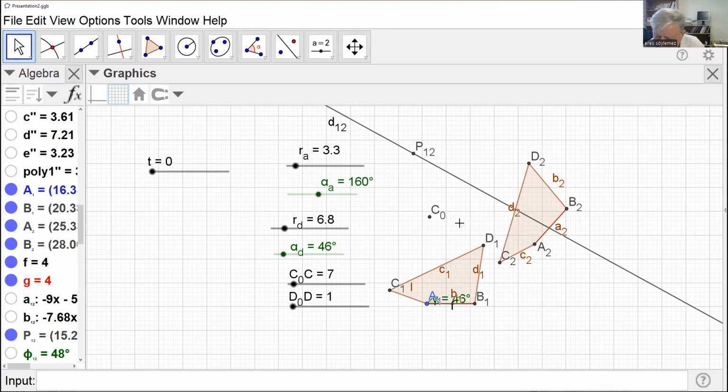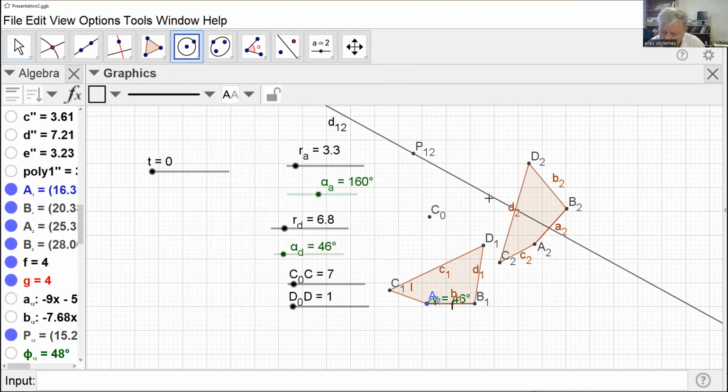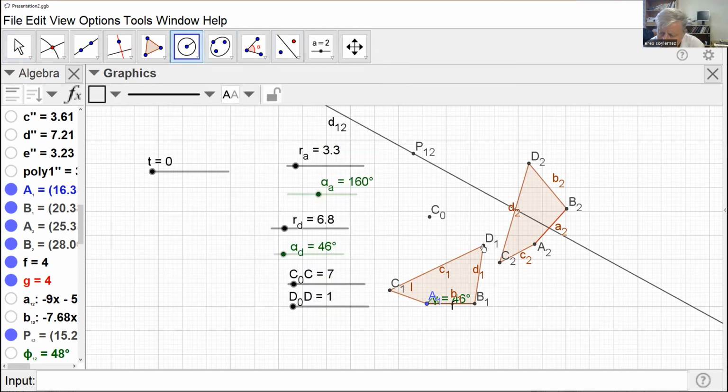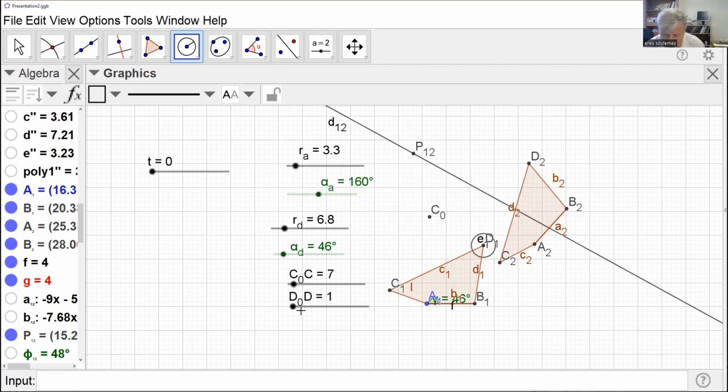I think I can hide this. And then center D1, radius D0D, increase it.